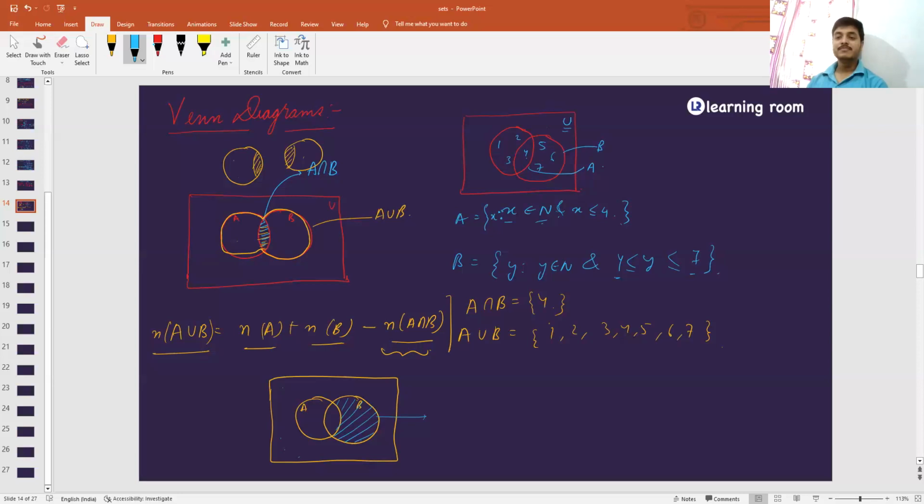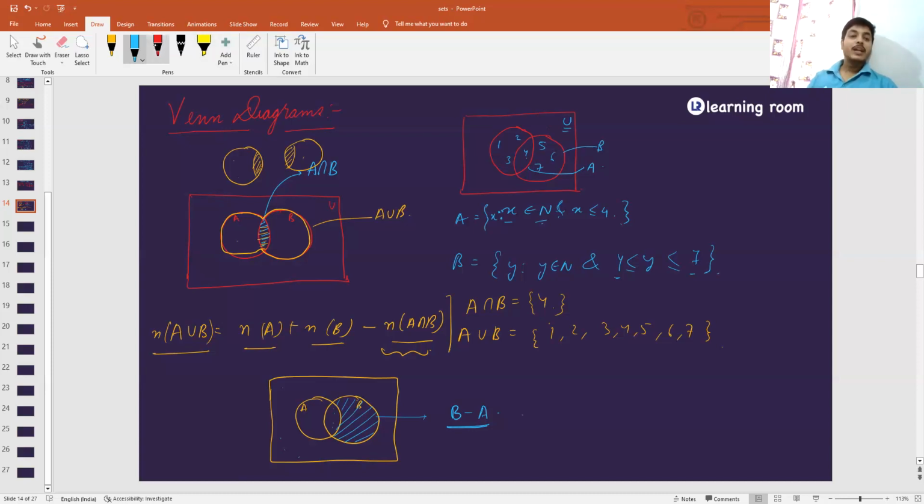So it is B minus A. Understood, everyone? Because we have to contain all the elements of B, but whatever is in common with A, we don't want that. That's why we wrote B minus A. I want all the elements of B, but I don't want those elements which are common with A. These were the elements which are common with A. So I will write B minus A.